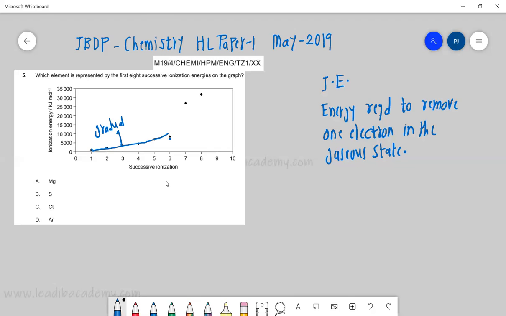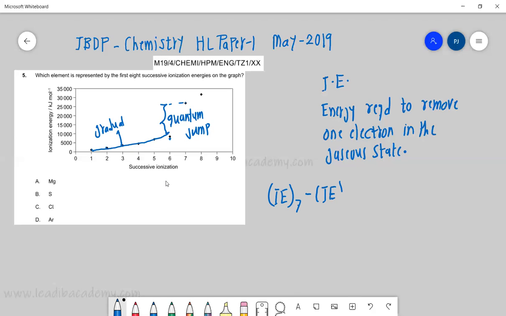While from 6 to 7, there is a substantial jump, a quantum jump. This is what you need to pick up. There is a big difference between IE7, that means the seventh one, and IE6.